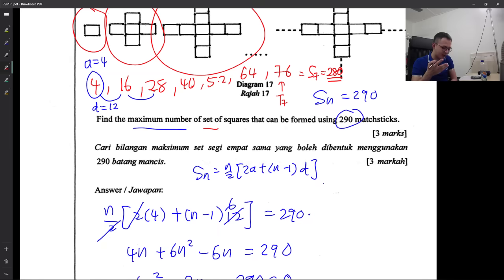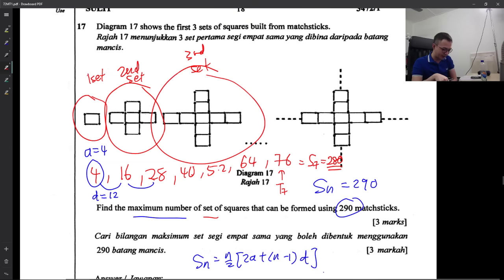maximum number of sets of squares that can be formed. Show the first 3 sets of the squares built. Maximum number of sets of squares that can be formed. Yeah, I guess the total should be 7 only. I'm not sure how you get 24. If you know how you get 24, why use Tn?